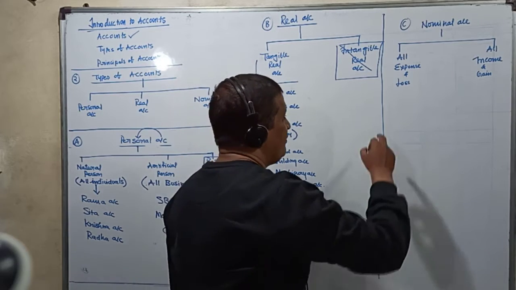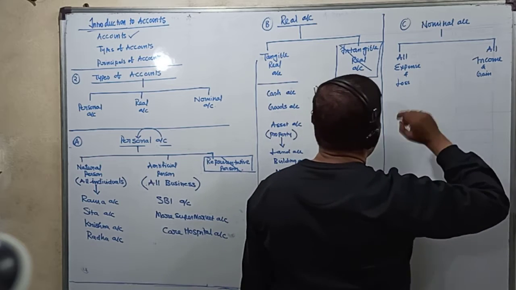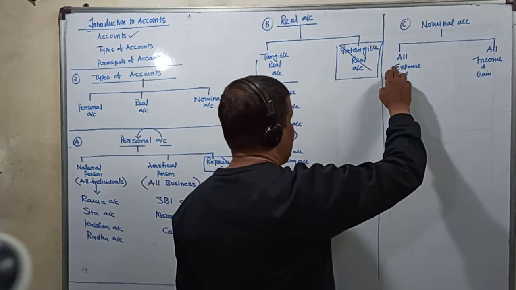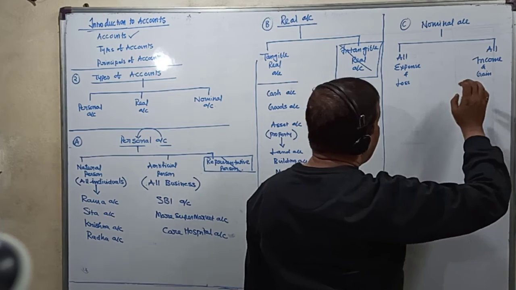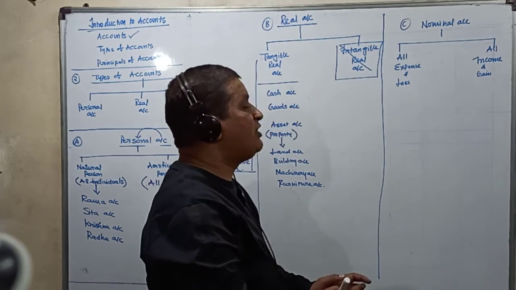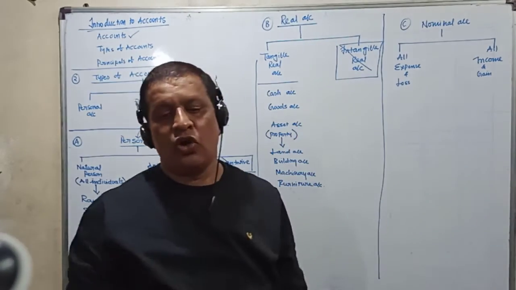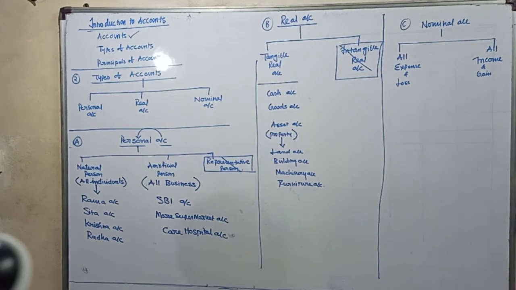So if this is an expense, this is an income, opposite, if this is a loss, this is a gain. So any account which represents an expense or a loss, or any account which represents an income or a gain, all such accounts which represent expenses, losses, incomes and gains, all such accounts are called as nominal accounts.